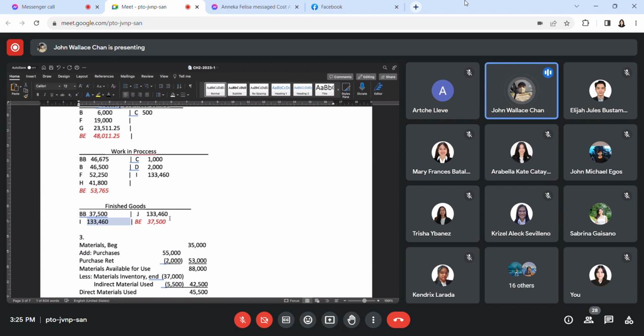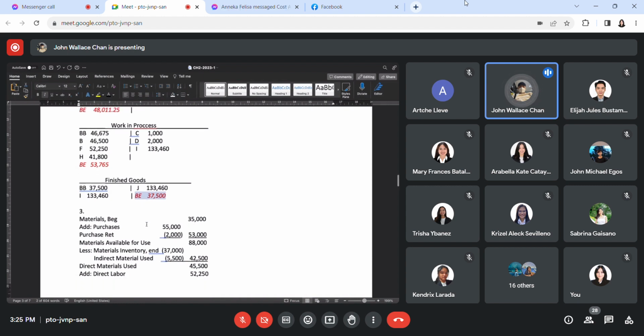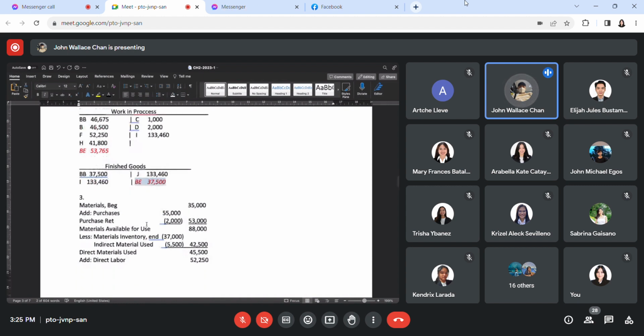And then in transaction J, we credited it since the finished goods were sold, so the finished goods transferred to our cost of goods sold, giving us an ending balance of 37,500 pesos. Okay, so third requirement, we are tasked to get our cost of goods manufactured, our cost of goods sold, and our net profit for the month.